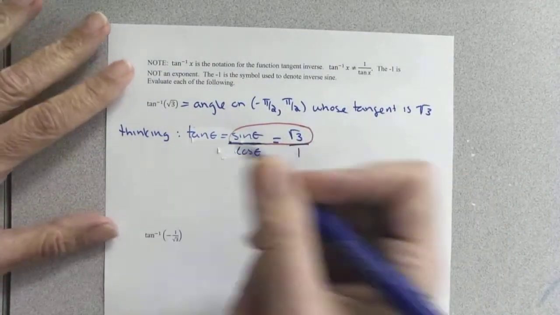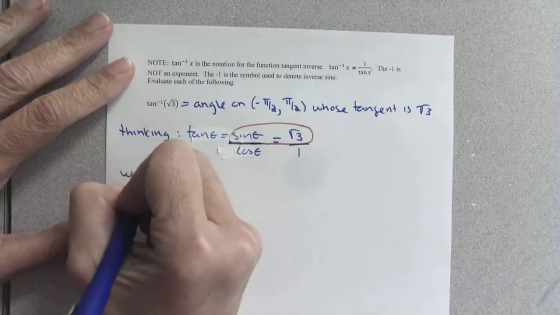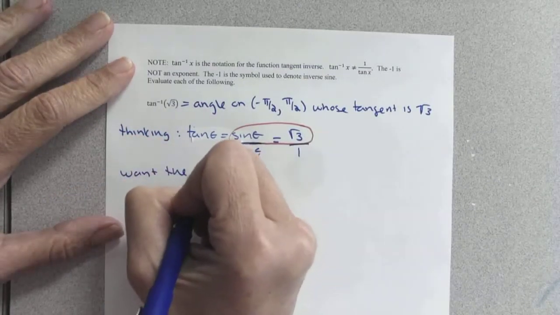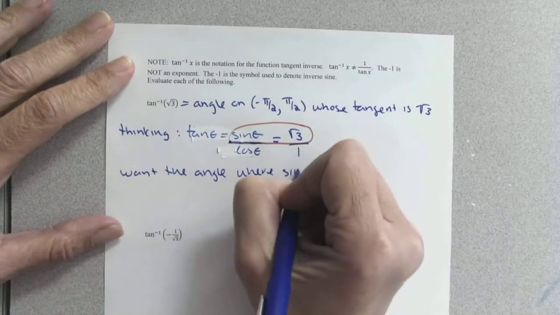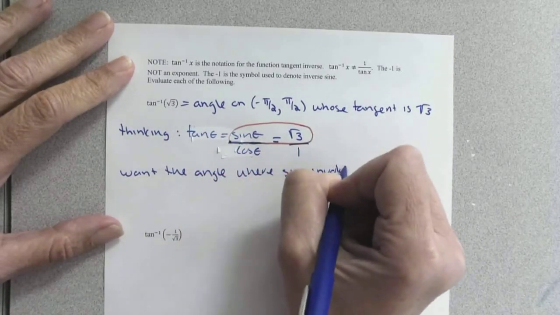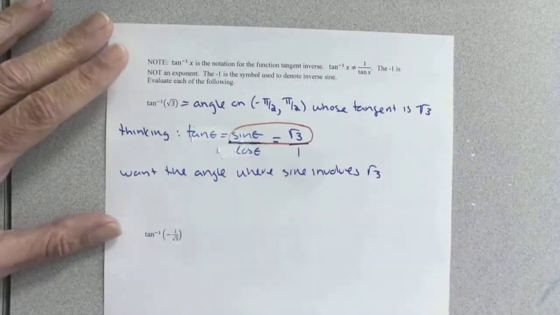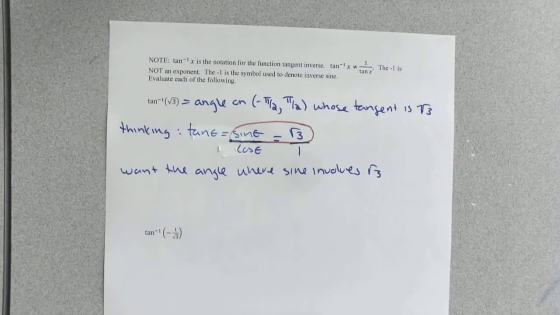And so what I want is the angle where sine involves square root of 3. Notice I didn't say equals square root of 3, because sine never equals square root of 3. Square root of 3 is 1.71 something. That's bigger than 1.